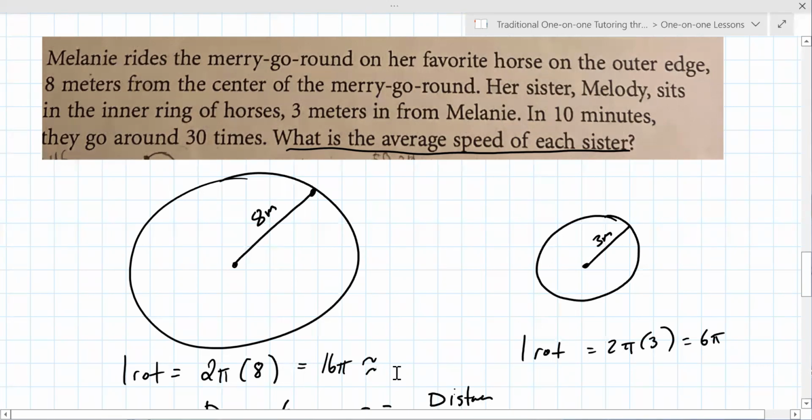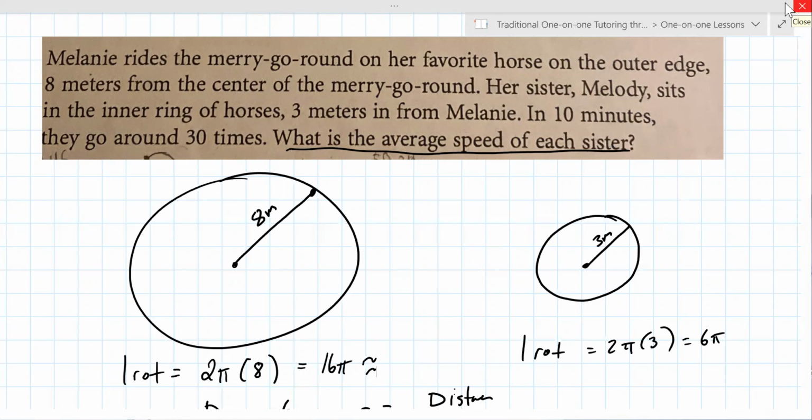It's always okay just to do 3.14. Give me the full one. 50.2654 for the 16 pi.